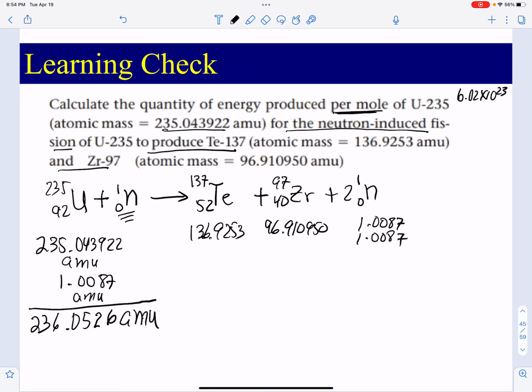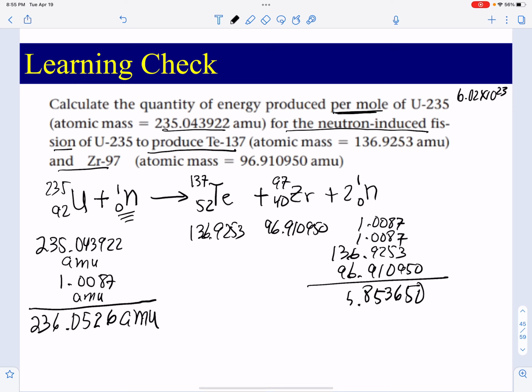So when I put all that together, I'm going to get 235.8536. So the difference between those two is going to be what?